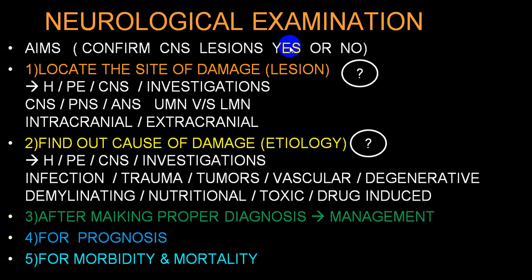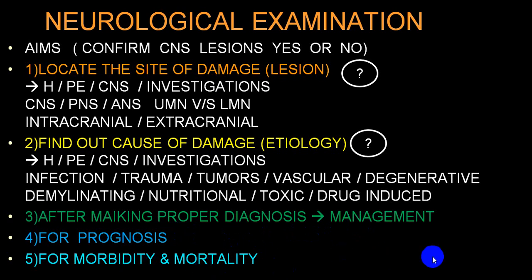Your aim is to confirm the CNS lesion. Then we want to locate where the damage is, and find out the cause of damage, that is etiology. After making a proper diagnosis, we can go for management. We can decide regarding prognosis and what the morbidity or mortality will be.